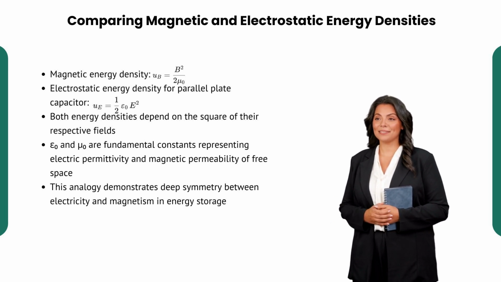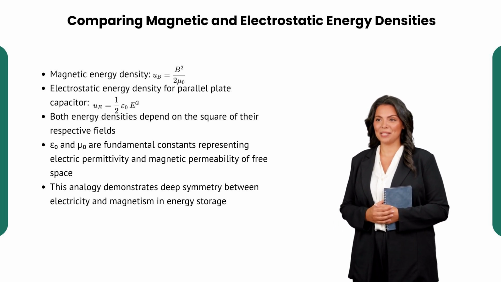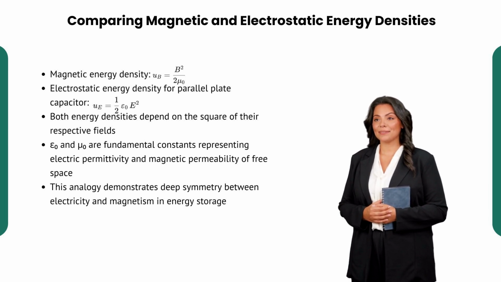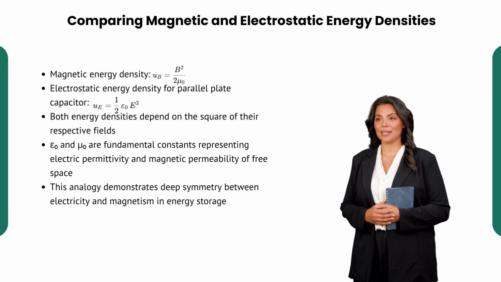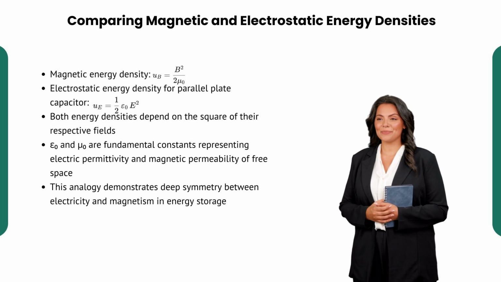In contrast, the electrostatic energy density inside a parallel plate capacitor is U subscript E equals 1/2 epsilon 0 E squared, with E as the electric field and epsilon 0, the permittivity of free space. Both formulas depend on the square of their respective field strengths, underscoring the fundamental duality between electric and magnetic fields.